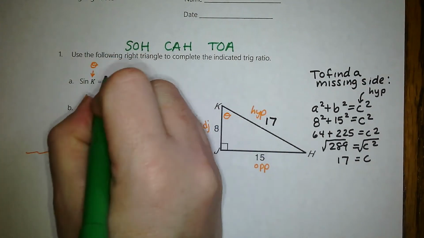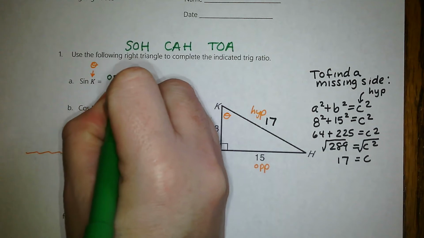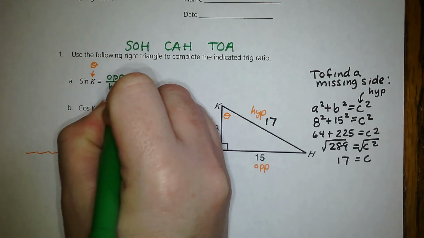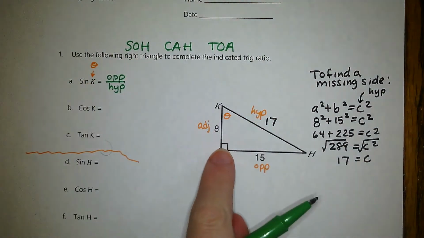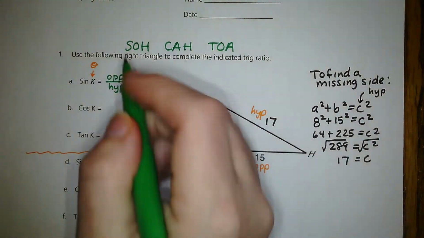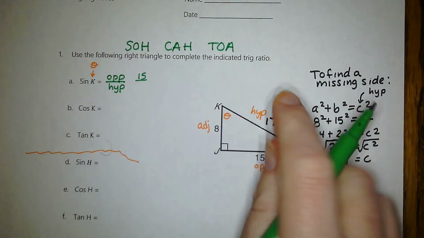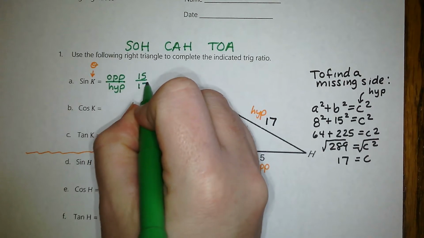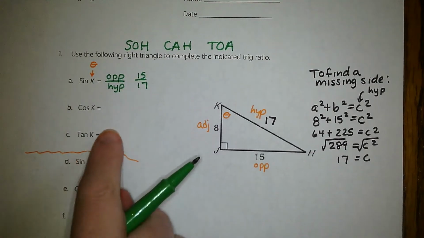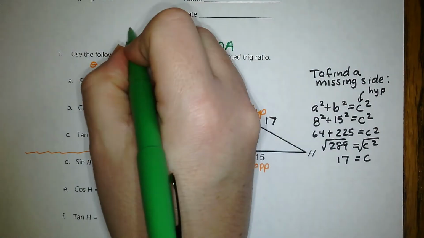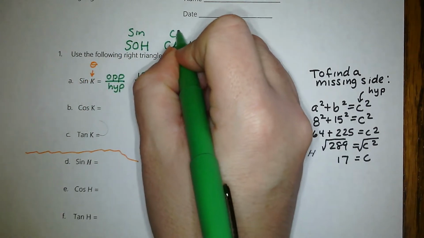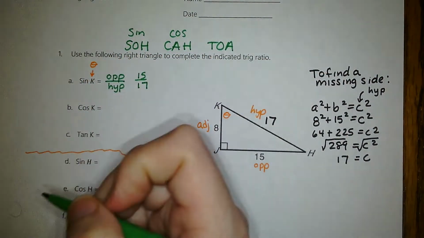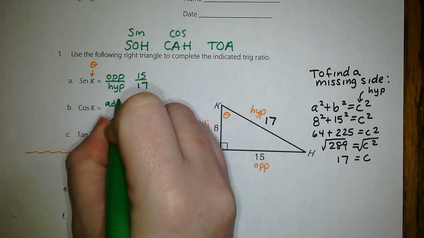And the sine function is going to be opposite over hypotenuse. In which case over here, my opposite side is 15. And my hypotenuse is 17. See, when I label it, it's so easy to find. CAH represents our cosine. And so cosine is adjacent over hypotenuse.